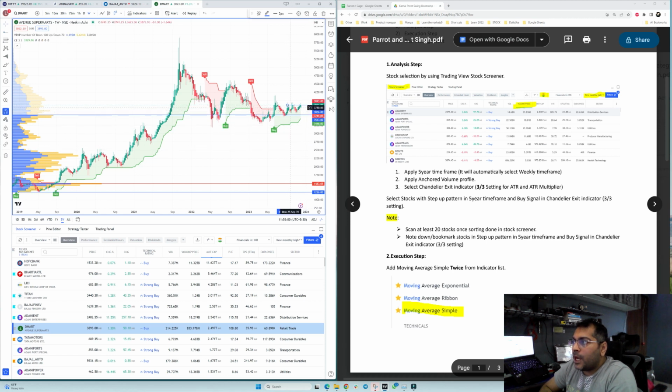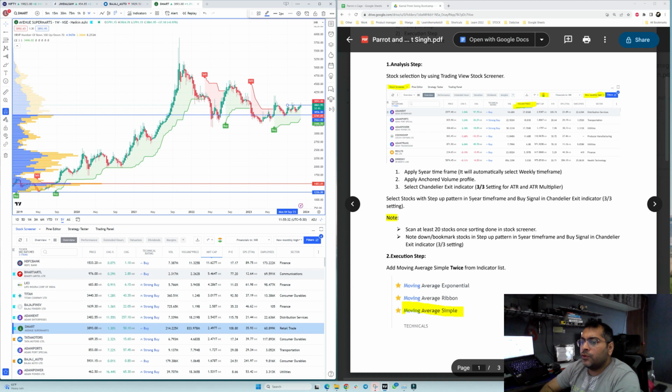Now when the price crosses this ray, we have our entry. So we would have received an entry over here, and after that CE is already green. We will keep this marked as a step up pattern. So I will select and bookmark this stock.